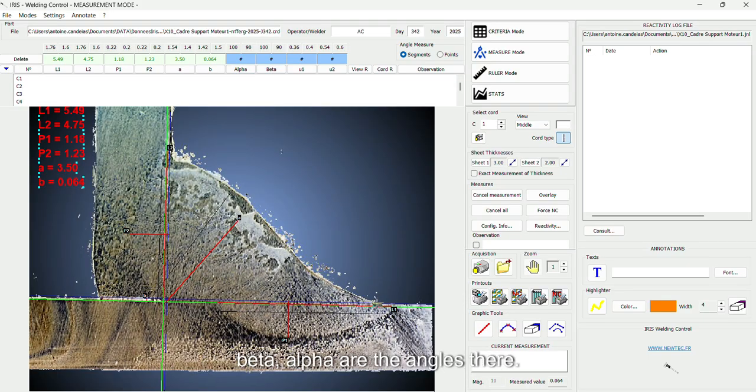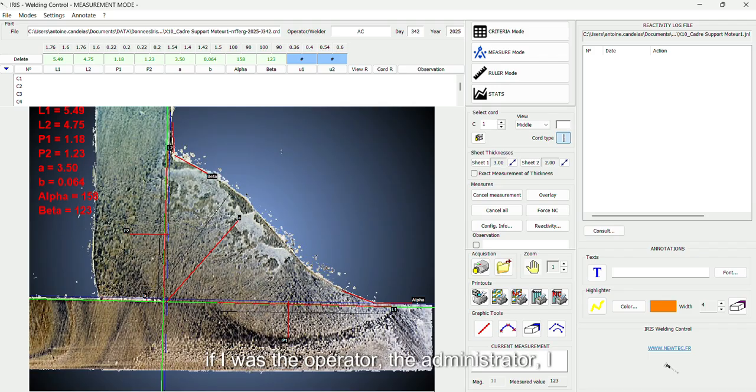Alpha, beta are the angles there. The operator has to do some clicks. That means the operator takes just 10 seconds to do a measurement. But he has to follow what the administrator defined. I am not the administrator, I'm the operator. If I was the administrator, I could do the same. But I tell the operator which measurements they have to do.